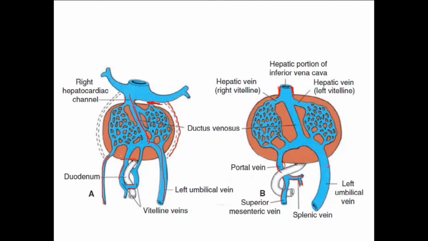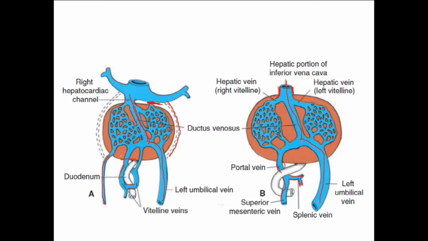Now you can see over here the channel is very clear. Since the right umbilical vein is obliterated, the whole of the blood from the placenta is coming to the liver, and the blood now directly passes through the ductus venosus, which is the channel, through the hepatocardiac channel to the sinus venosus.